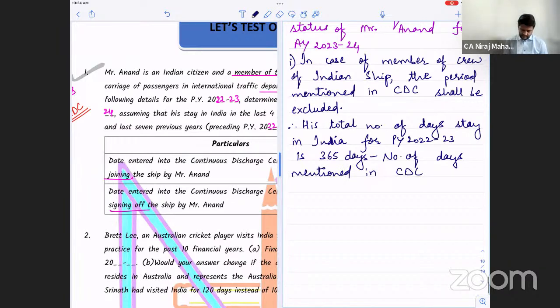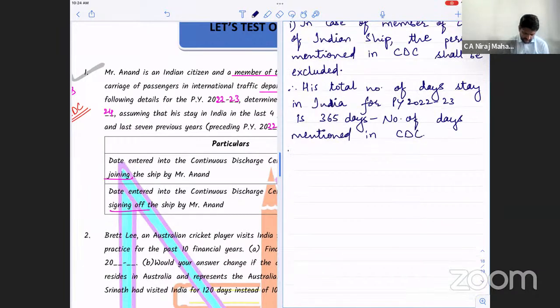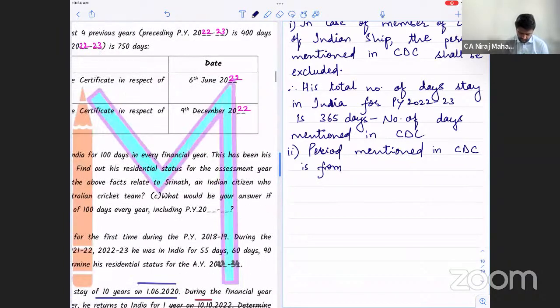Correct? Next point. The period mentioned in CDC is from 6 June 22 to 9 December 22.